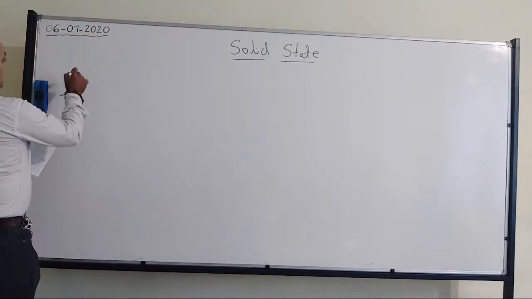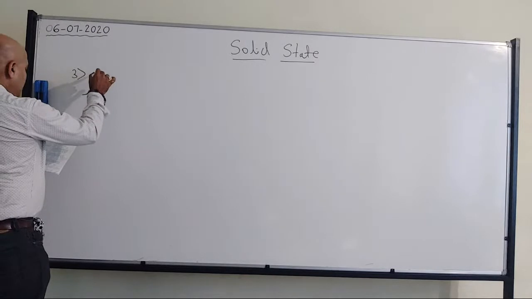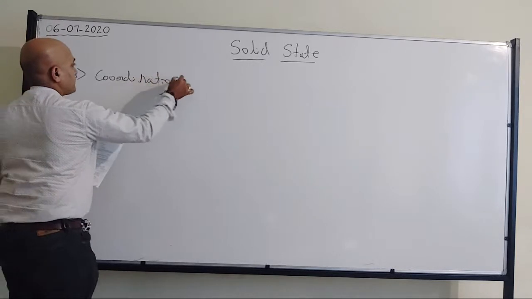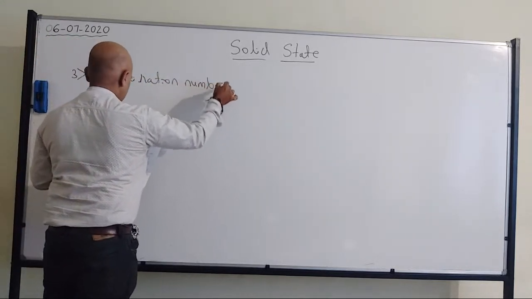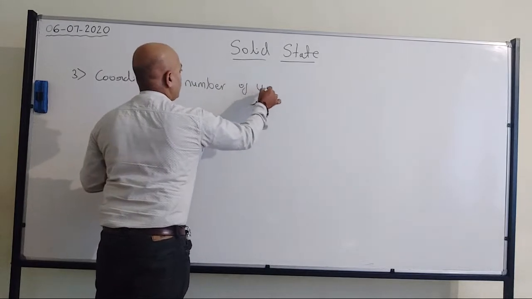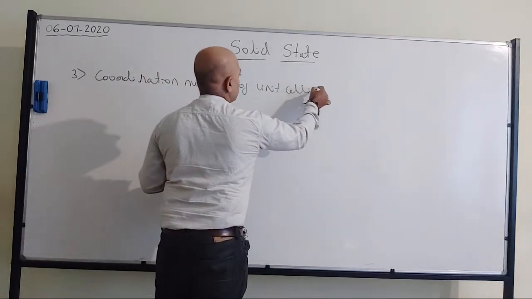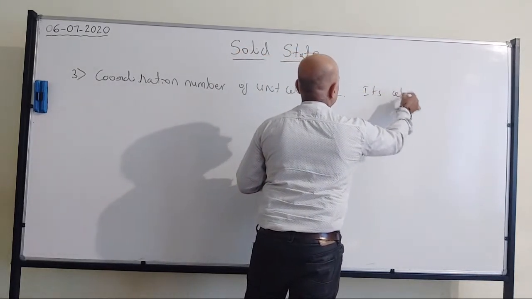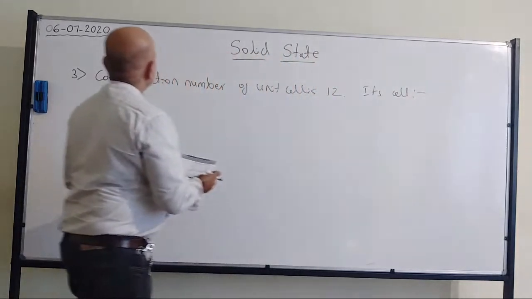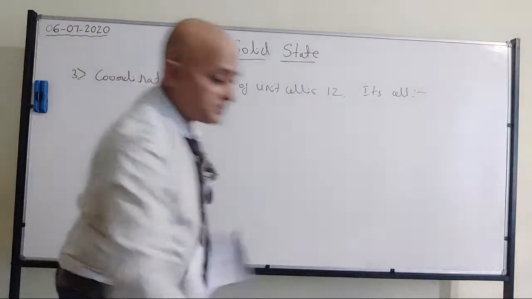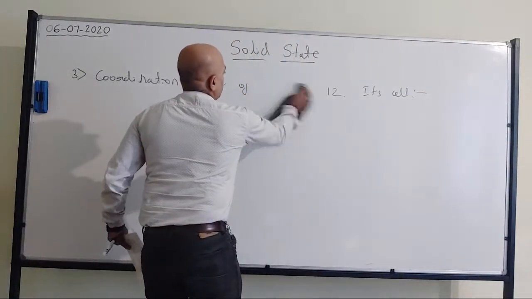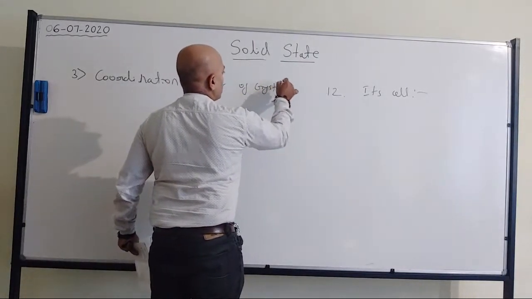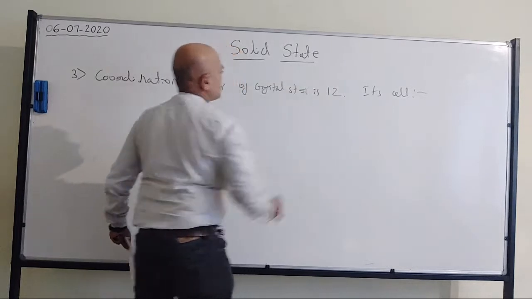Next one. Question number 3. Coordination number of crystal structure is 12.